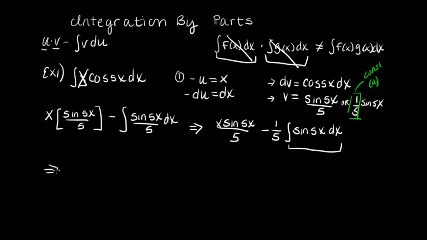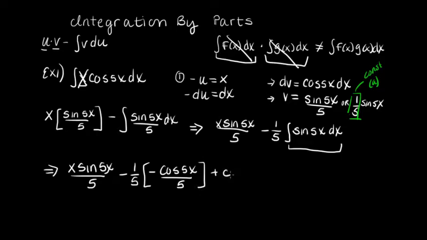So let's go ahead and simplify. We have x sine of 5x all over 5. Subtract our 1/5, and we multiply that 1/5 by the antiderivative of sine of 5x, which gives us negative cosine 5x over 5, plus c.